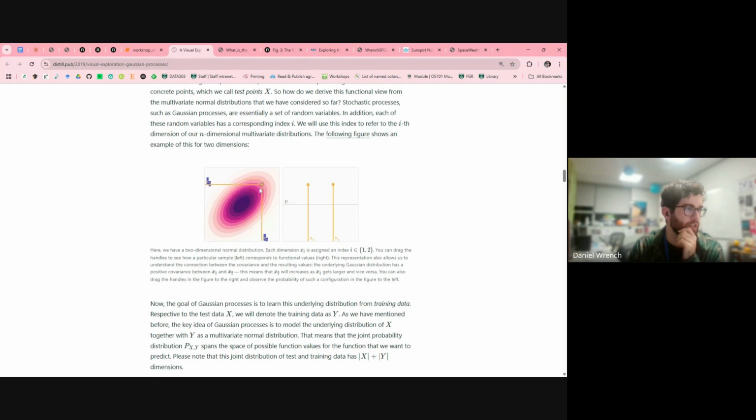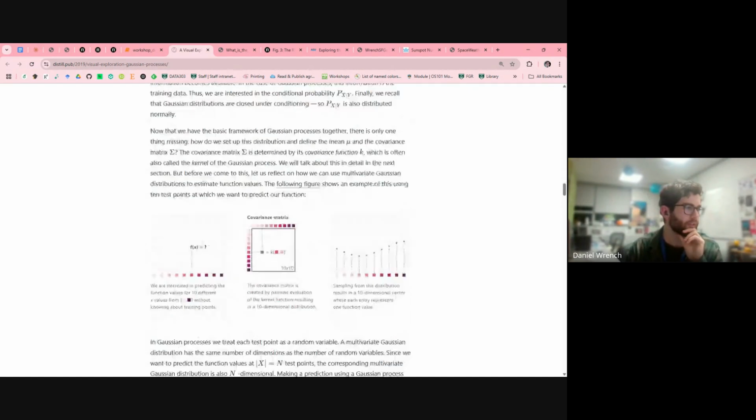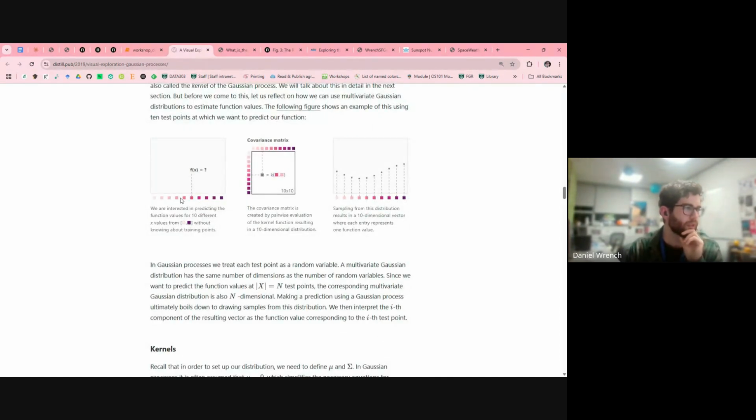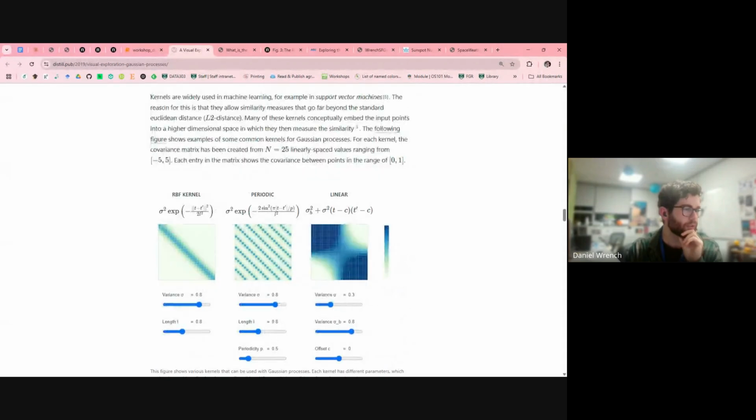So if two points are highly correlated, they're going to be very similar to one another. But if they're very different, then that has a low correlation value. So that's just showing how a two-dimensional normal distribution relates to how we model the similarity between two points. There's some more of that there.